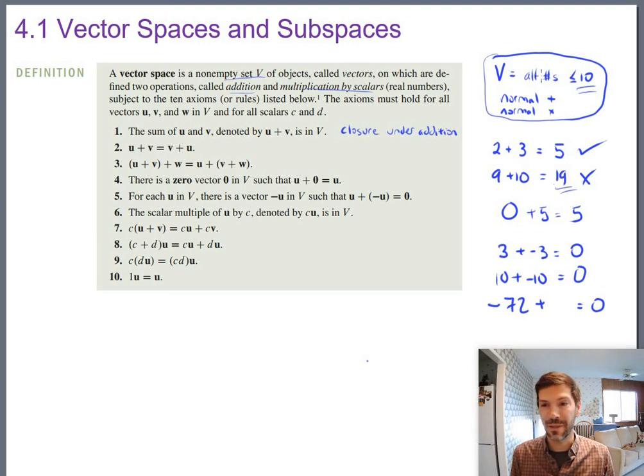If I had maybe defined my set to be all numbers between negative 10 and 10, then this one would have worked. Right? Every number in the set would have had an additive opposite. As it is, some of the numbers in my set do not have additive opposites. 6 is closure under scalar multiplication.